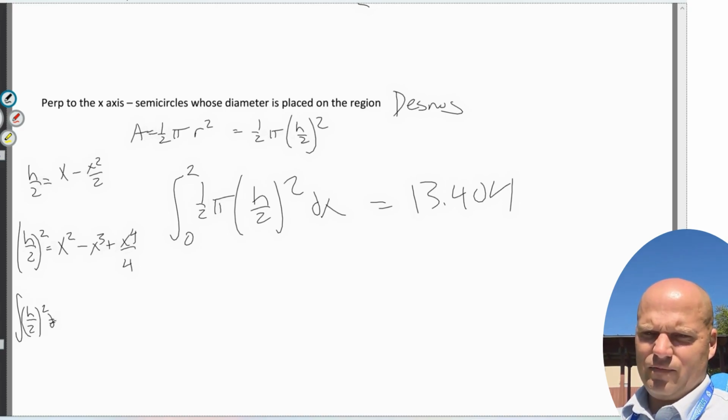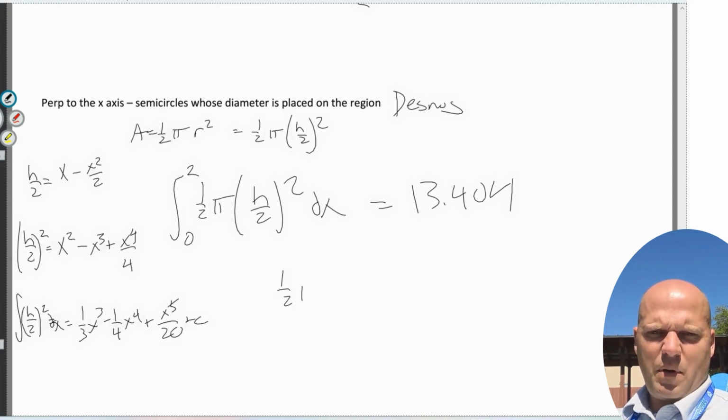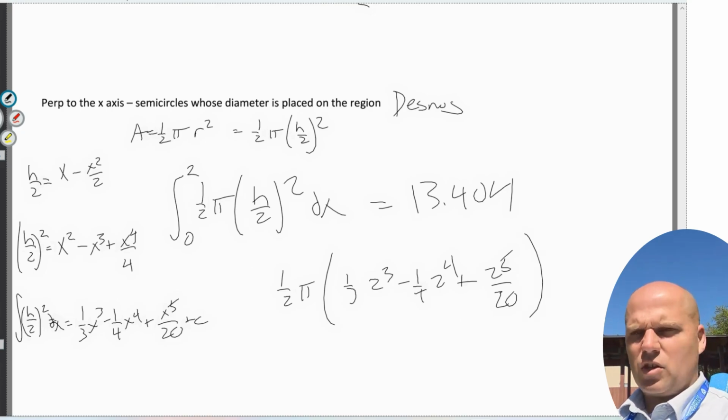Maybe you just write it like that. 1/3 x cubed minus 1/4 x to the 4th plus x to the 5th over 20 plus c. So your answer is going to be 1/2 pi times 1/3 2 cubed minus 1/4 2 to the 4th plus 2 to the 5th over 20. Plug this in, you're going to get 13.4.